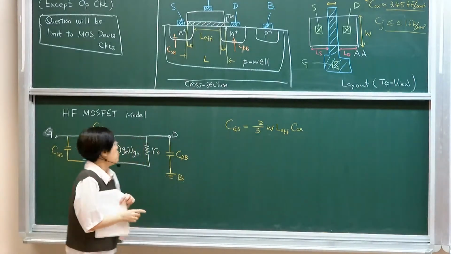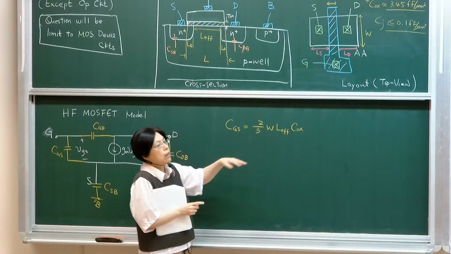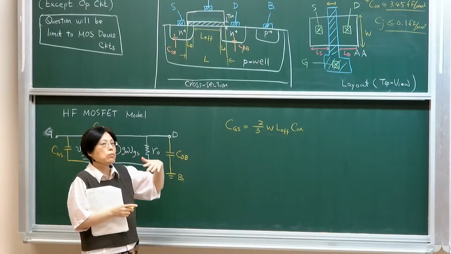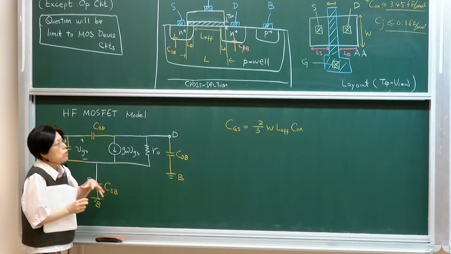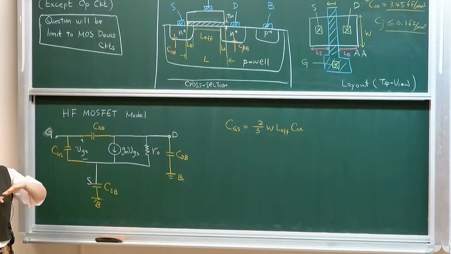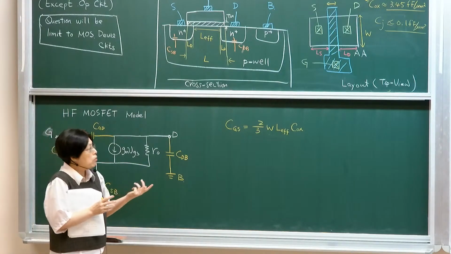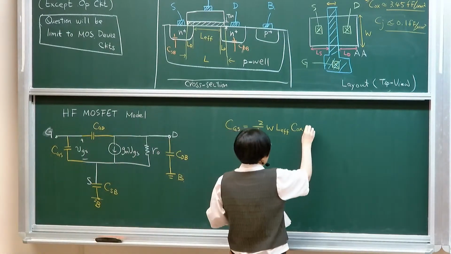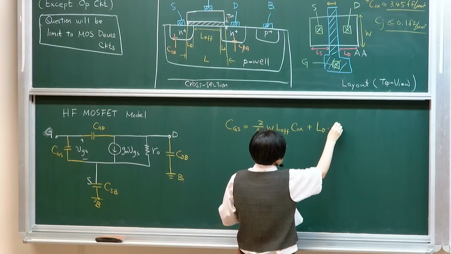If I draw a particular size of transistor, you should be able to find out what CGS is. It's typically in the order of femto, maybe a few hundred femtofarad, depending on the size of the transistor, of course, but you need to know the order of magnitude of your capacitance, especially parasitic capacitance, is typically less than 1 picofarad. And plus an overlap, I have this overlap region times Cox.